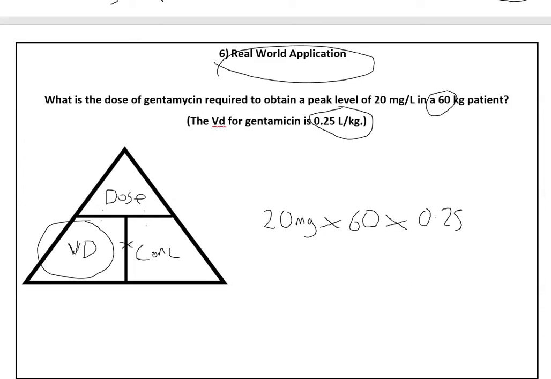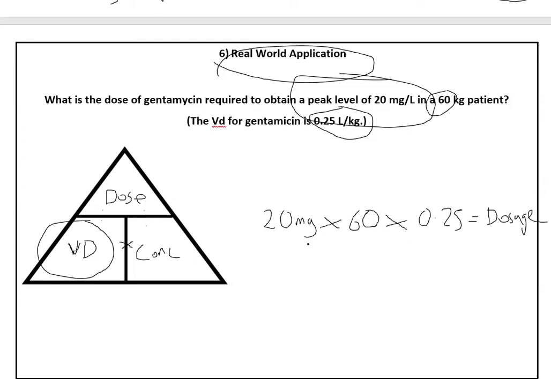So VD times concentration should give us the dosage required to achieve that level of drug in the human body. Obviously, it would change depending on how heavy somebody is.